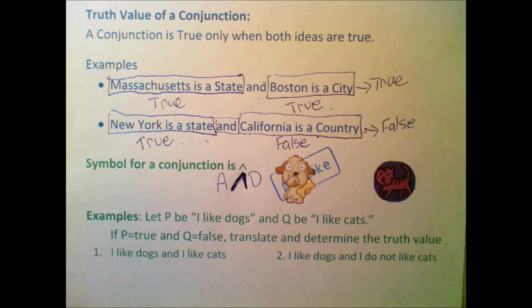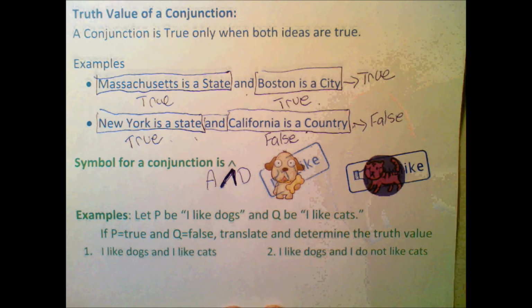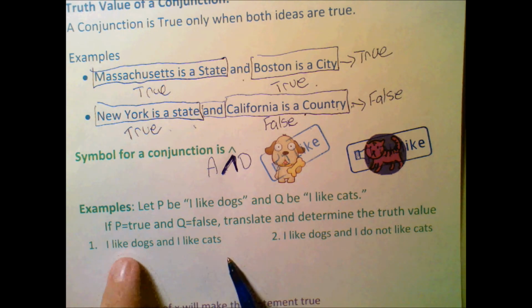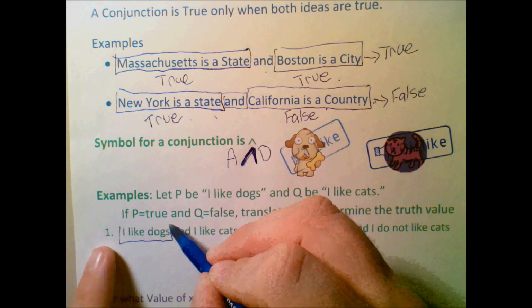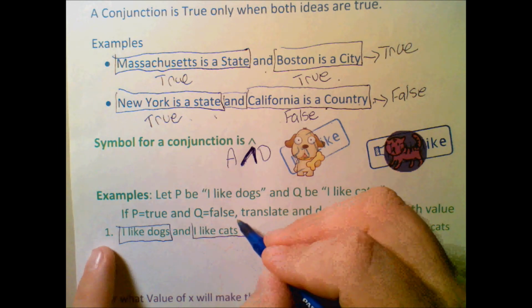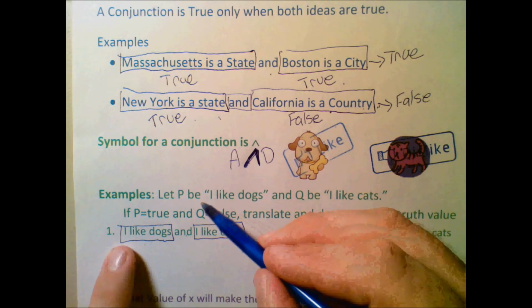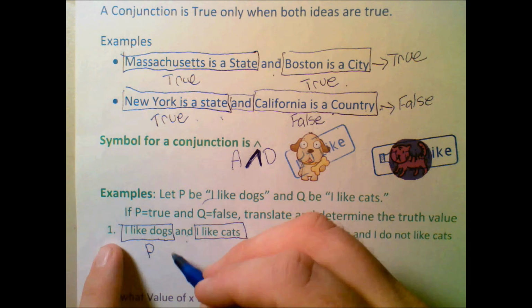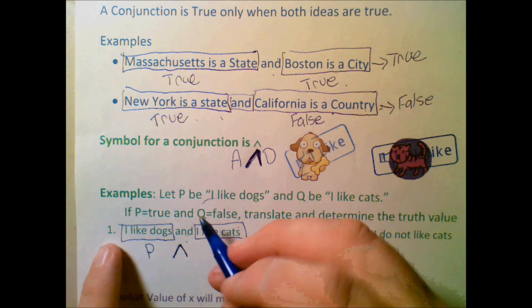And then Q is false, so I like cats is a false statement, meaning that I dislike cats.